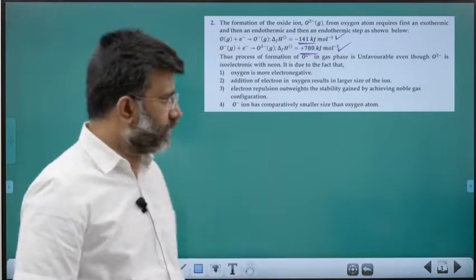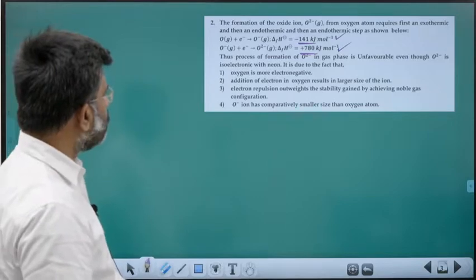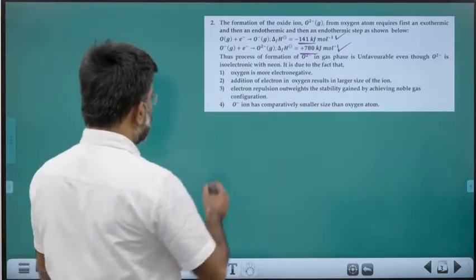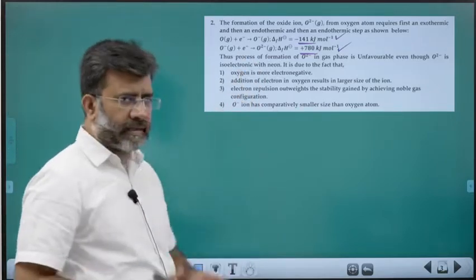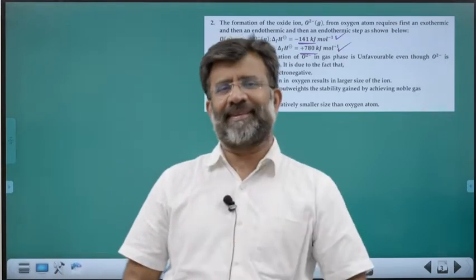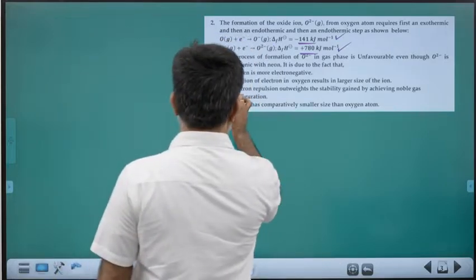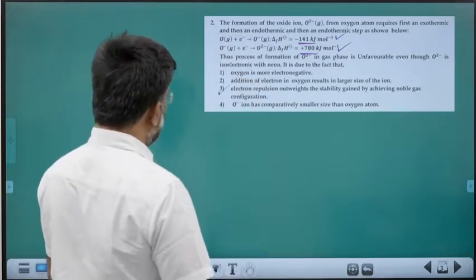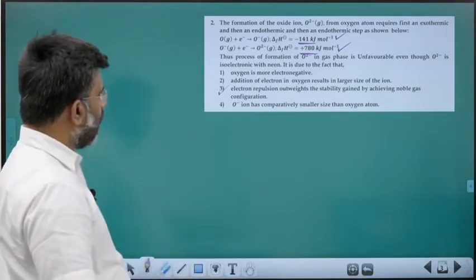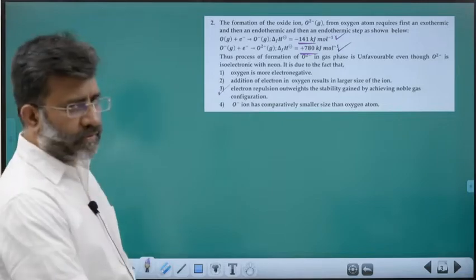What is the reason? The most suited answer is, see, this is the question in the NCERT, in the NCERT exemplar, and a previous question also. Option 3 is the correct answer. Electron repulsion outweighs the stability gained by achieving noble gas configuration.